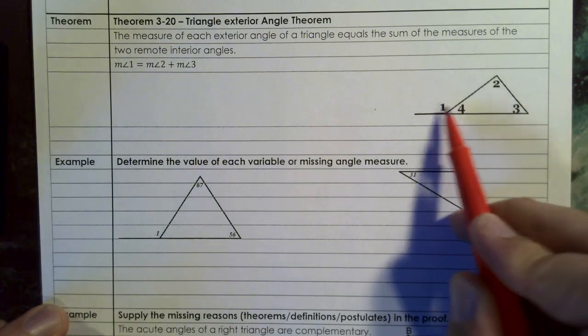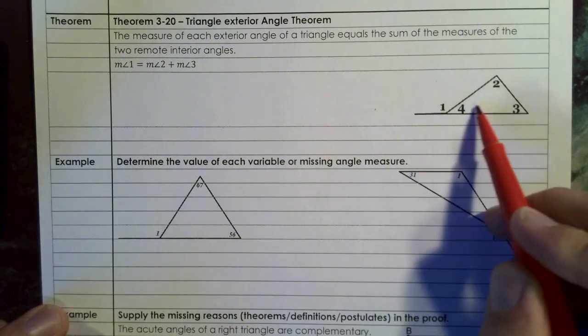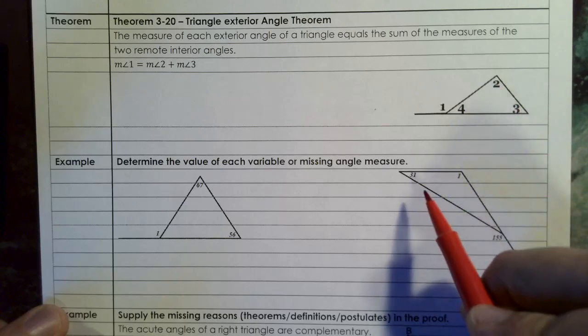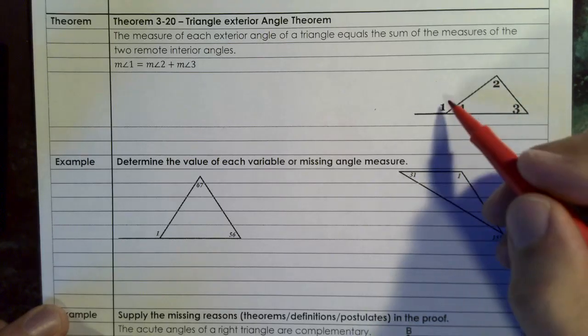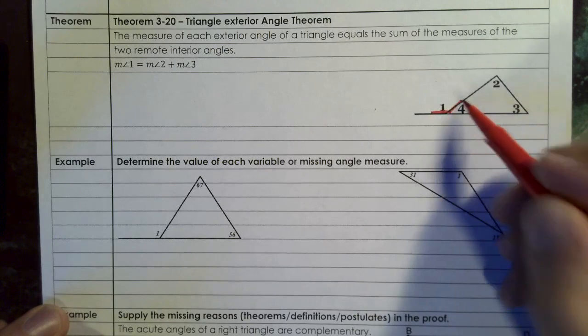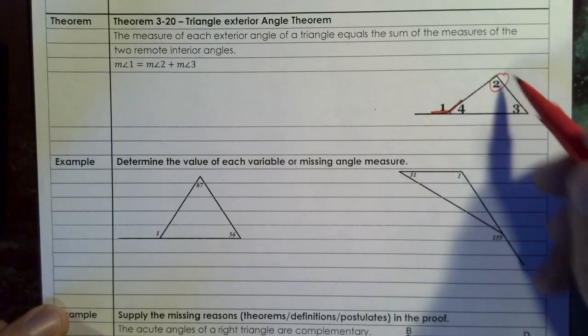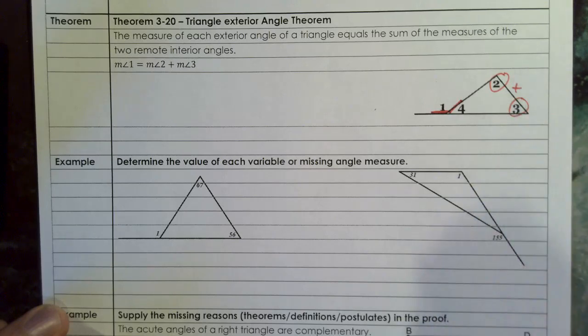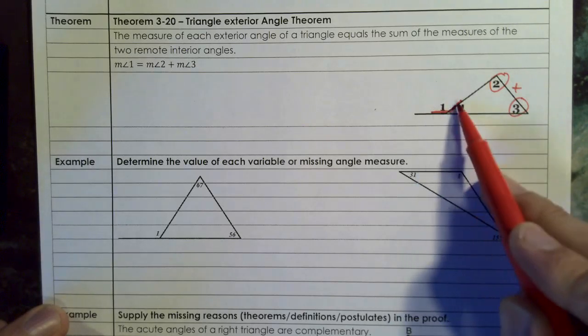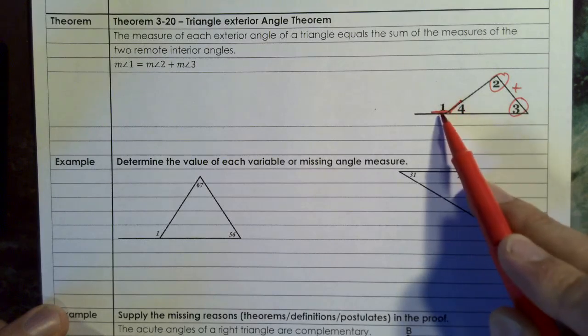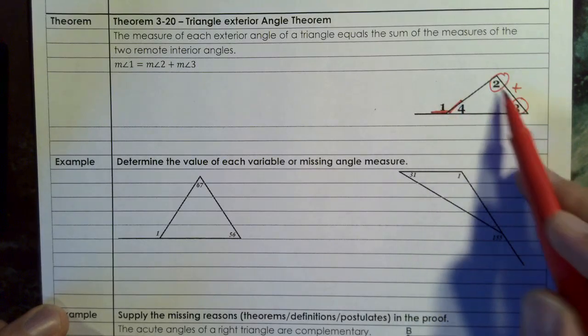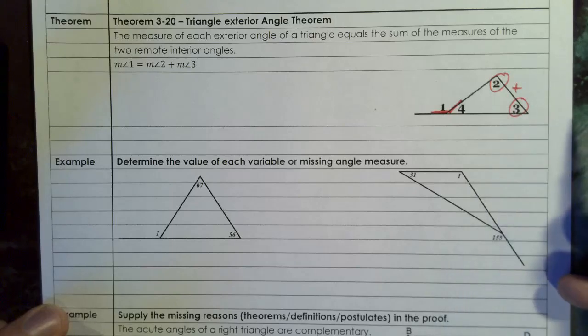This next theorem uses a little bit of that idea of 180. We know 1 and 4 have to be 180 degrees, and we know 4, 2, and 3 have got to be 180 degrees. And so the way it works out is that this angle ends up being the same as these two added together. So this exterior angle, this angle outside of our triangle, is equal to the two other angles added together.